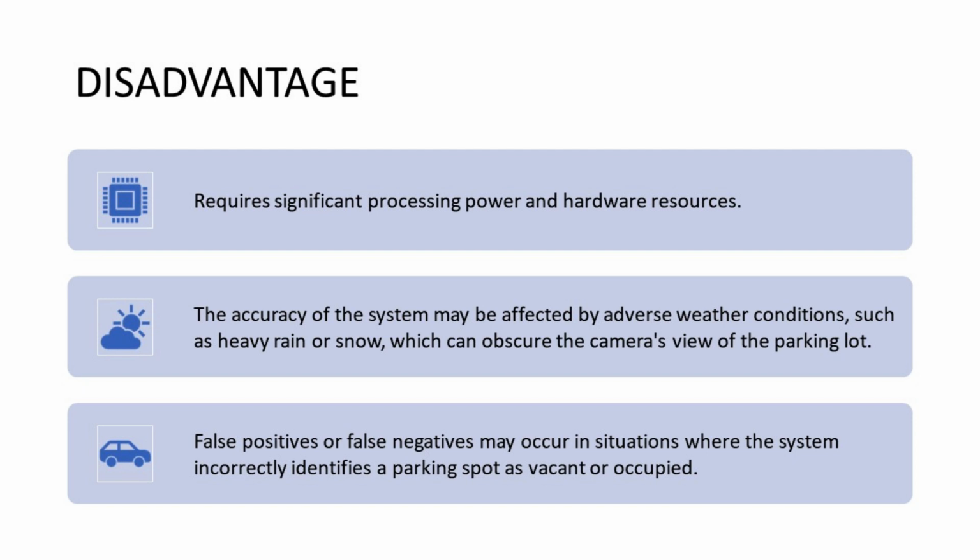Disadvantages of AI-enabled car parking using OpenCV: it requires significant processing power and hardware resources. False positives or false negatives may occur in situations where the system incorrectly identifies a parking spot as vacant or occupied.